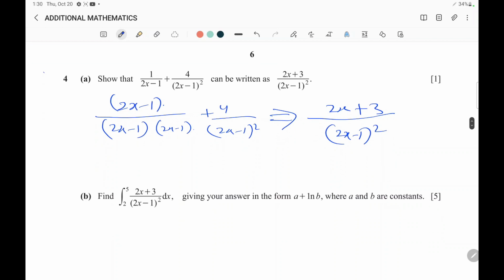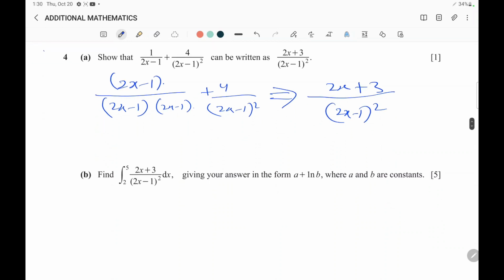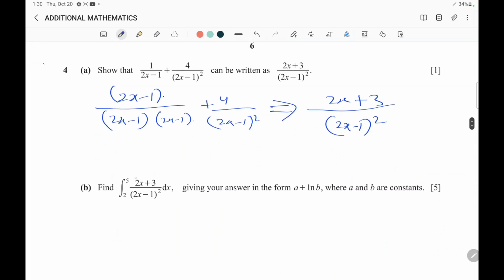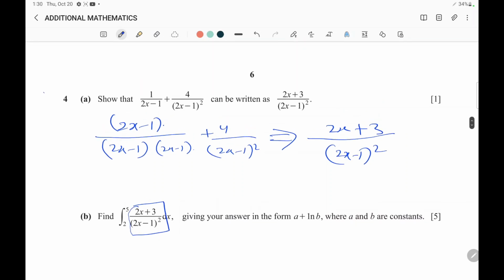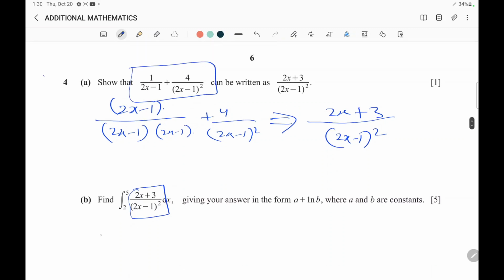So this is enough. Now we have to integrate that. When you need to integrate this, we have to use partial fractions to break this, and already it was here. Okay, so what we are going to do, this is 2 to 5. We have to break this in this form, which is already there.